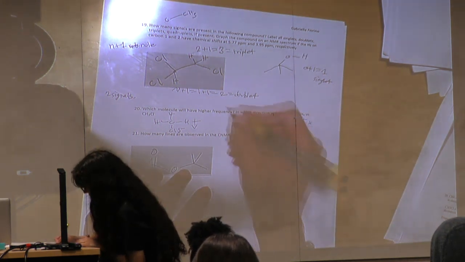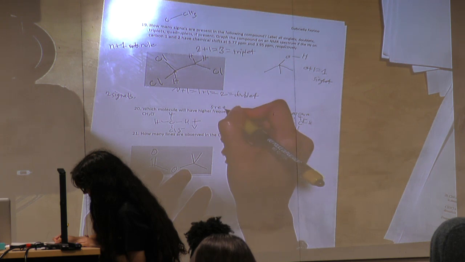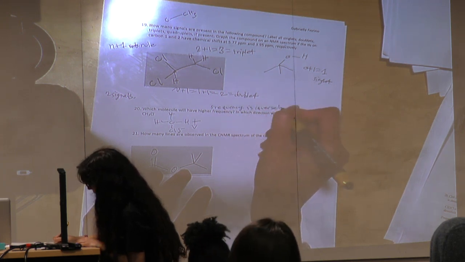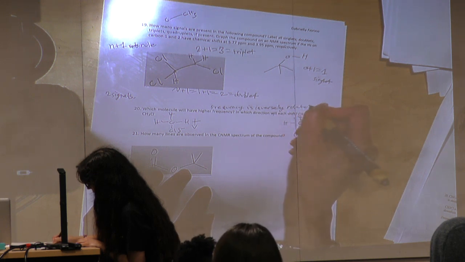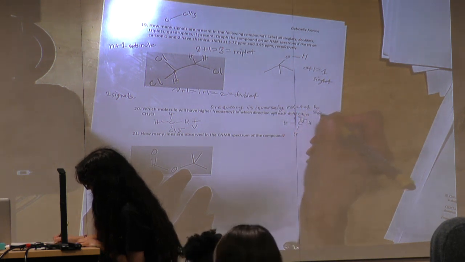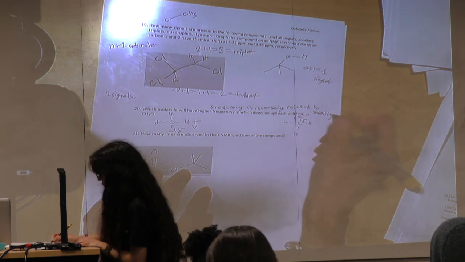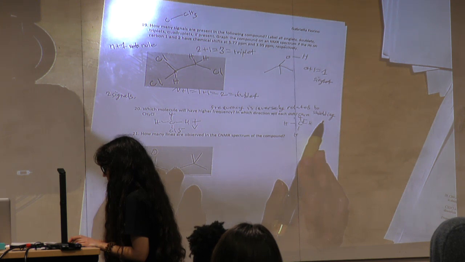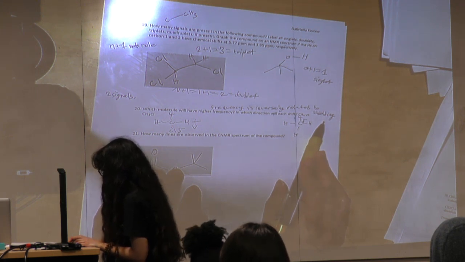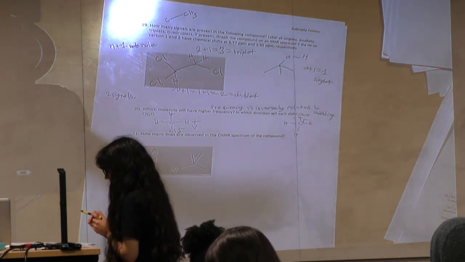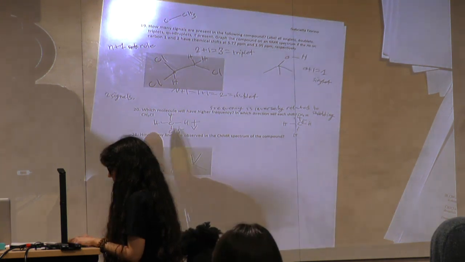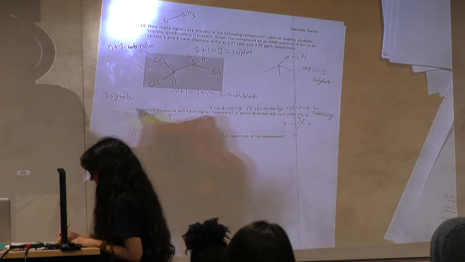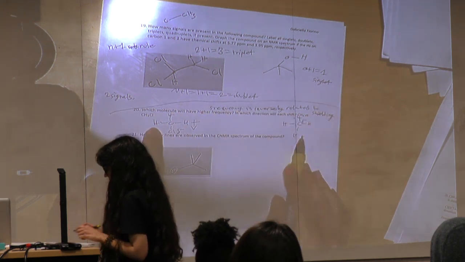So frequency is inversely related to shielding. So if you have a high frequency, it means you have low shielding. Oh, I'm sorry. That means this has a higher frequency. Your de-shielded molecule. Yeah, I'm sorry about that.